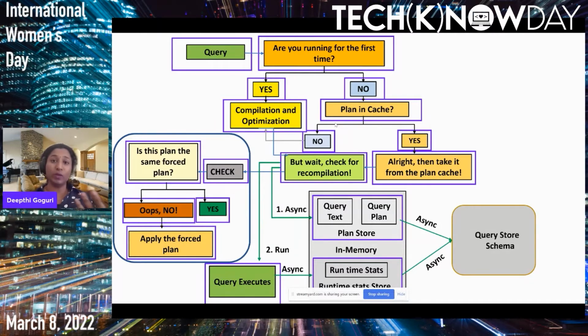It will save that data asynchronously in the query store schema. When you enable the query store, it will have the query store schema within the database that you enable it on. And by using the system views for the query store, you will be able to query the data that has been captured here. That's how the query store works behind the scenes.